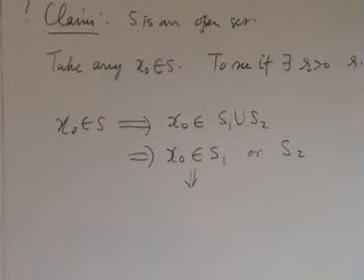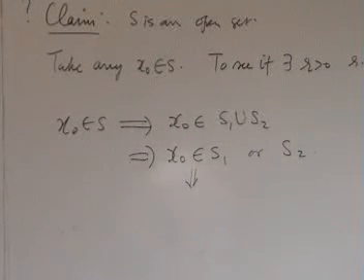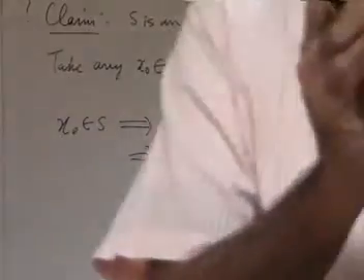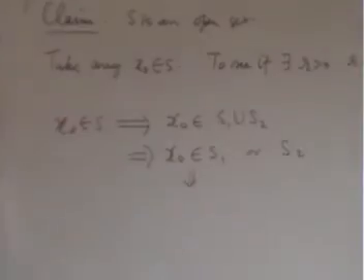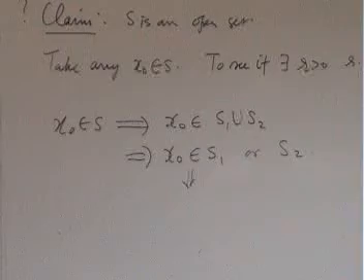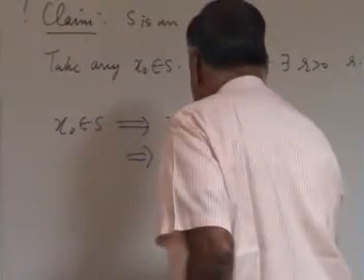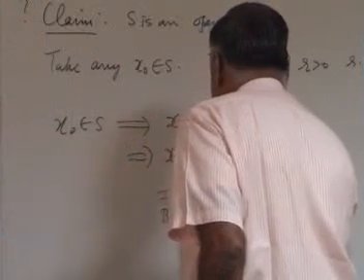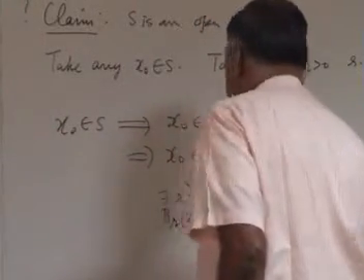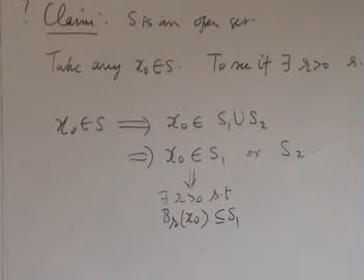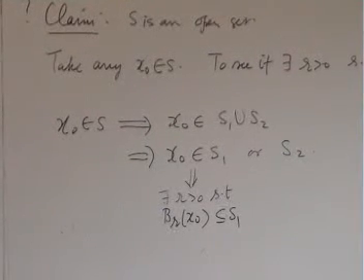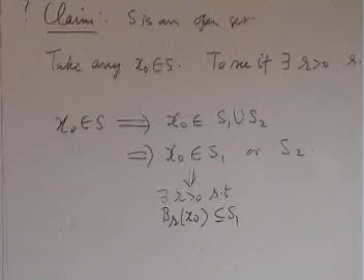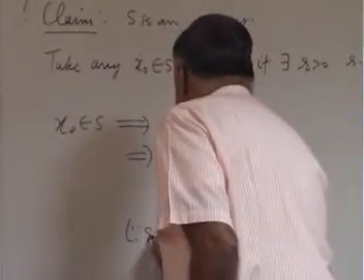Now, S1 is an open set. If S1 is an open set, there will be a ball about x naught which lies completely in S1. So there exists an R greater than 0 such that B_R(x naught) is contained in S1. That is because S1 is open.